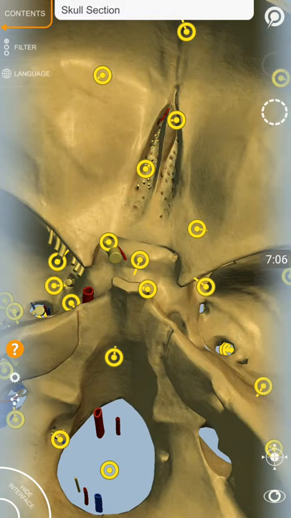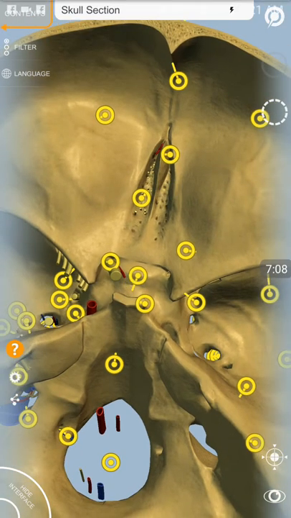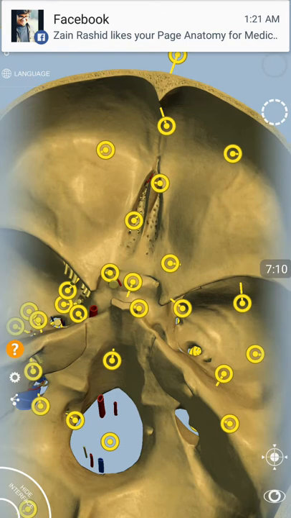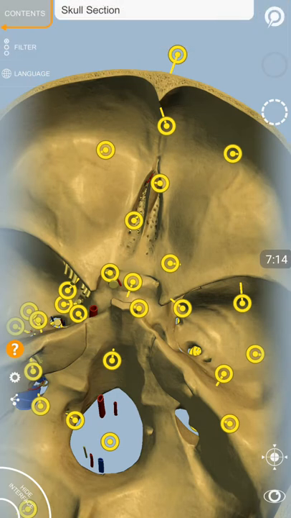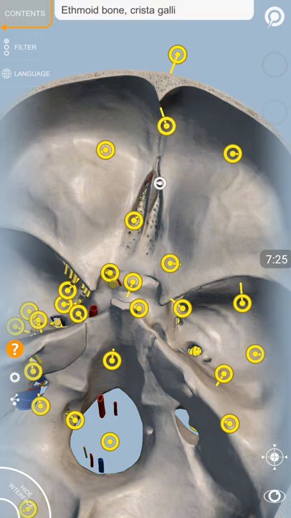So again, to summarize: this is the vertical plate, this is the horizontal plate of the frontal bone, this is the internal frontal crest, this is crista galli.